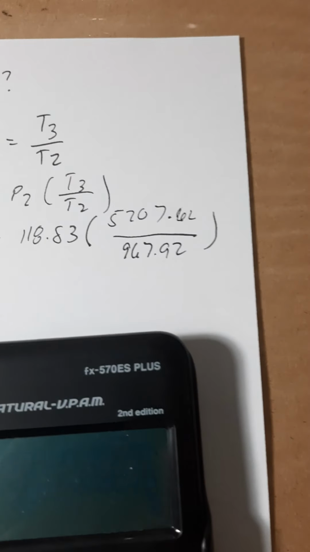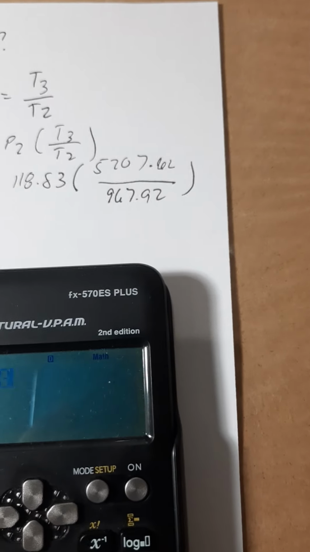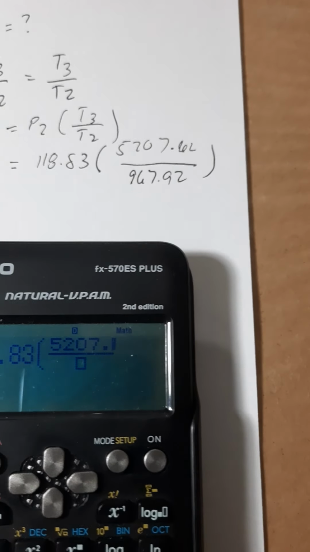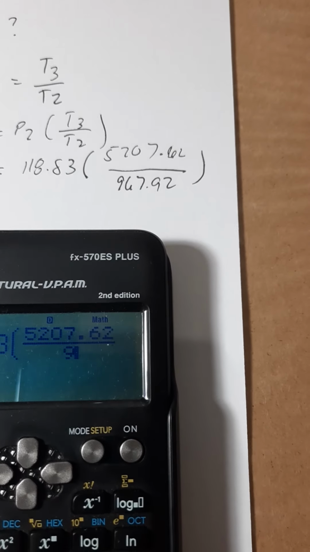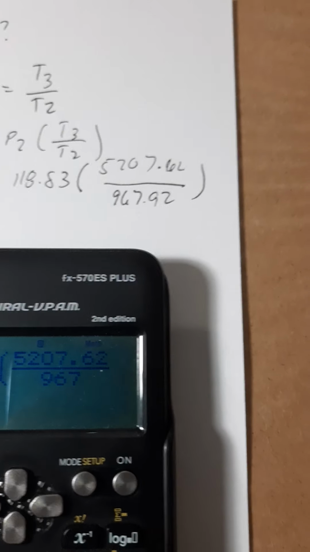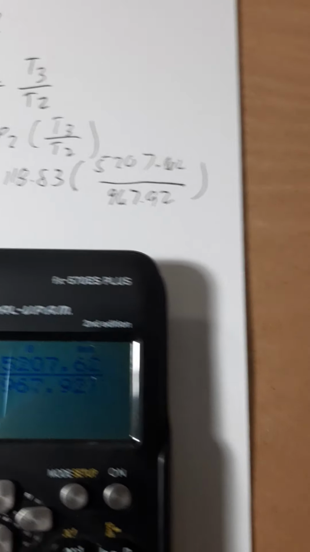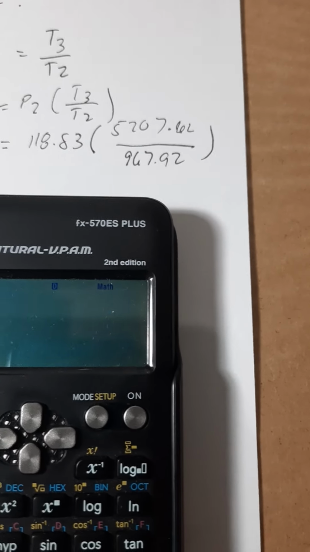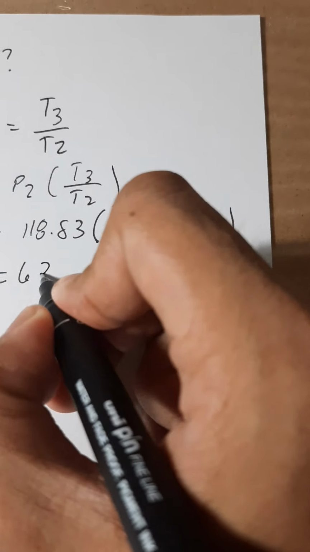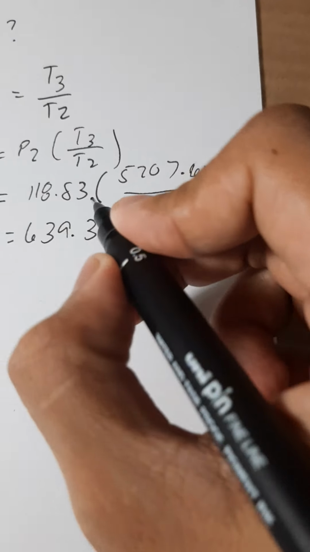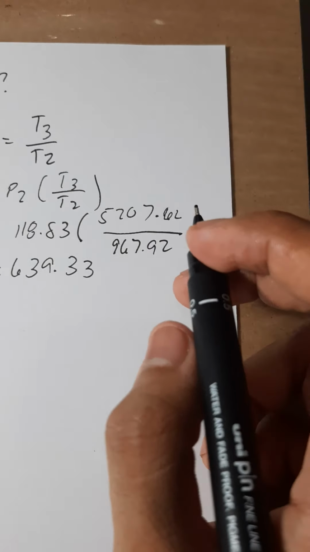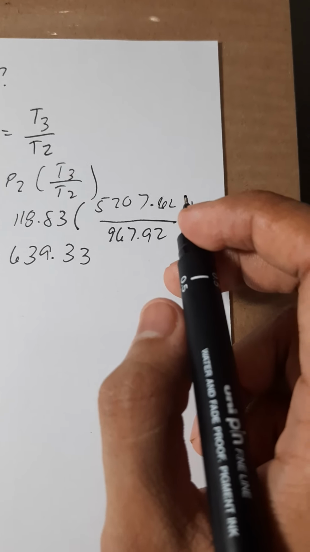We compute it again. Our P3 is 639.33 PSI.